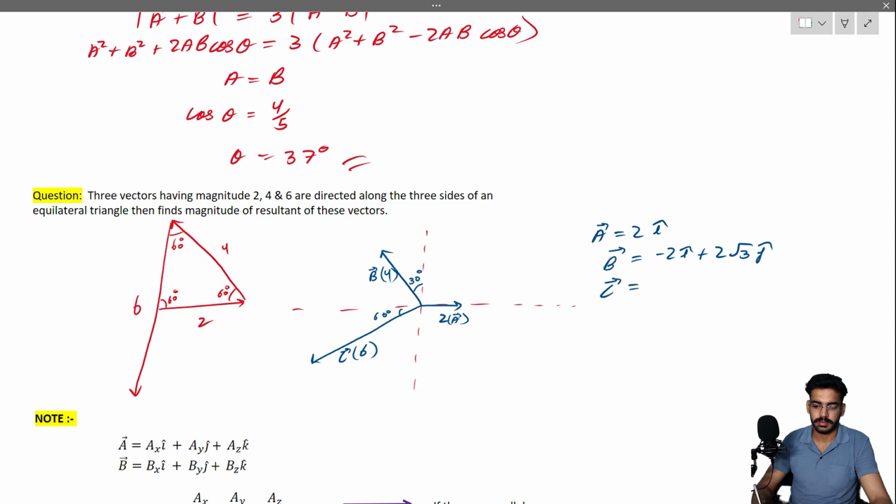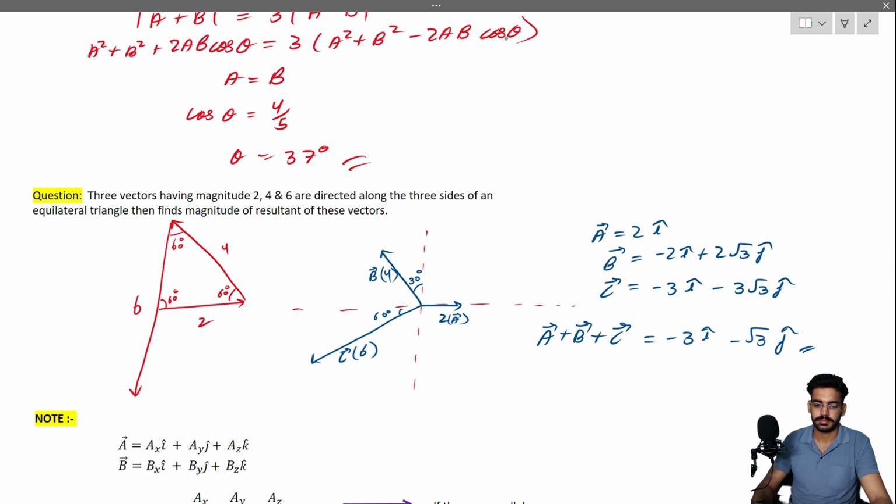And C vector is equal to minus 3 i cap minus 3 root 3 j cap. Okay, so he is asking for A plus B plus C. It is the sum of these. So this is going to be minus 5 plus 2, so minus 3 i cap, and this is going to add up to minus root 3 j cap.